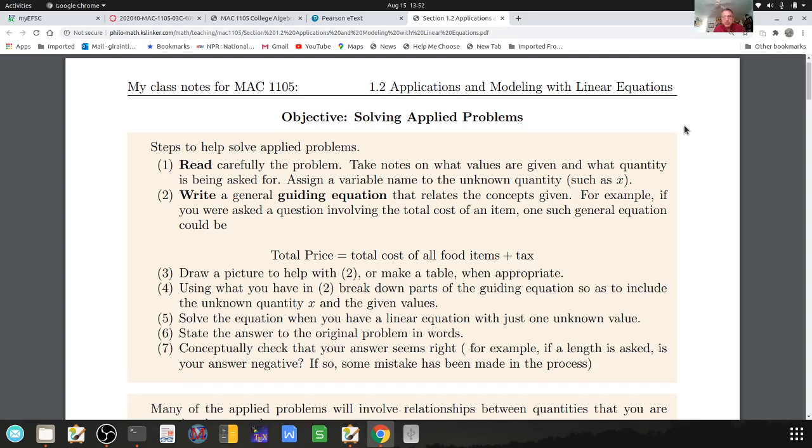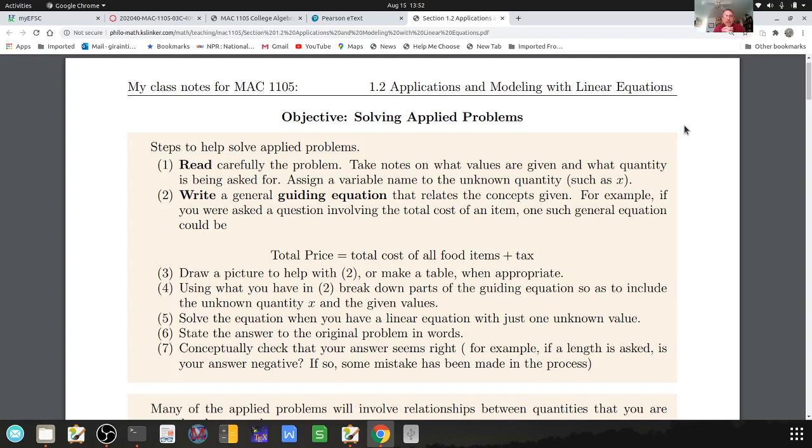That's especially true for solving applied problems or word problems. If you don't know what you're looking for, then there's no hope of succeeding. So it's really important that you first read the problem carefully, identify what is being asked for, and assign a variable, which we will always use as x, for that unknown quantity.